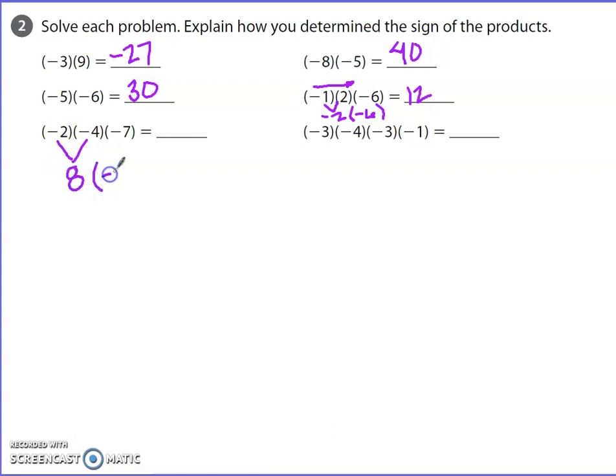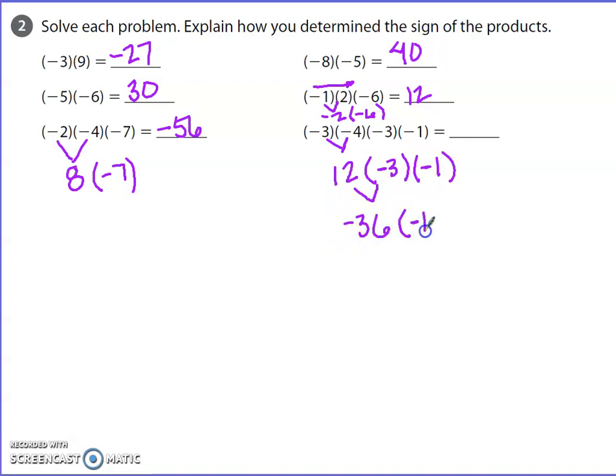And negative 7 times positive 8 is negative 56. You might start to see a pattern here. Positive times a negative, it's going to be negative. And if they have the same signs, then the answer is positive.